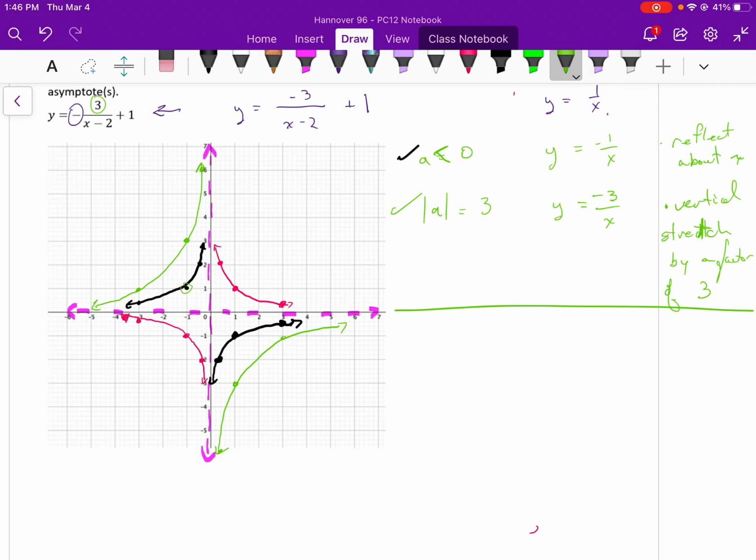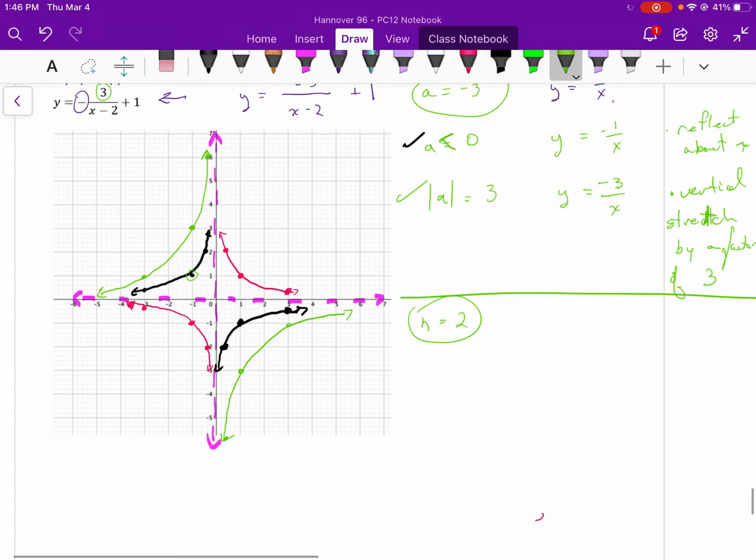And by the way, a was going to be -3. So that implied that I need to reflect and stretch by a factor of 3. Here, I see h is equal to 2. If h is equal to 2, we need to shift this over 2 units to the right. So I had this function here, and I just need to shift it 2 units over to the right.